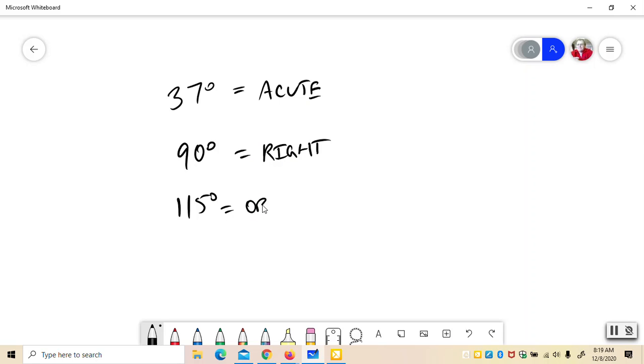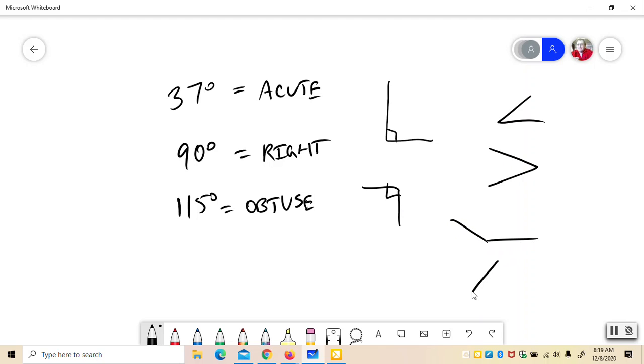And 115 is obtuse because it has more than 90. Then visually looking at them, no matter which way it's turned, the little block is the giveaway for right angles. Acute angles are kind of pointy, and obtuse angles are non-pointy.